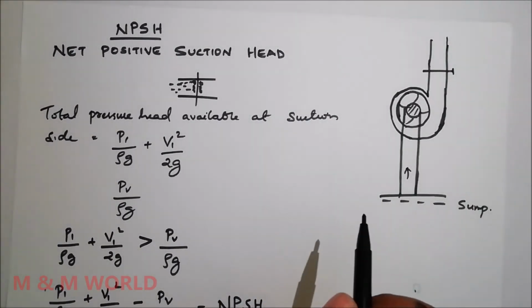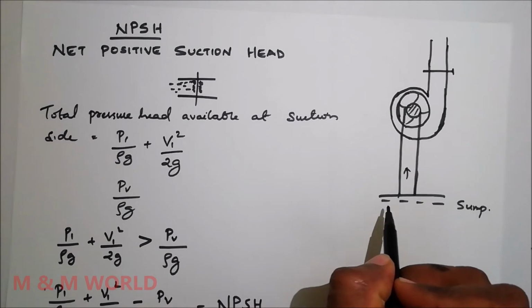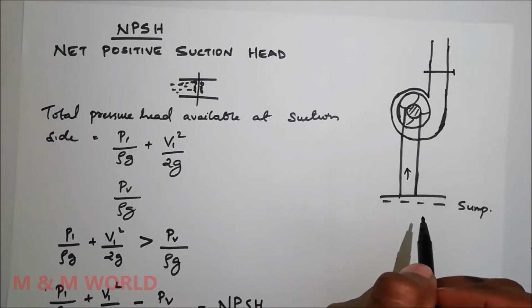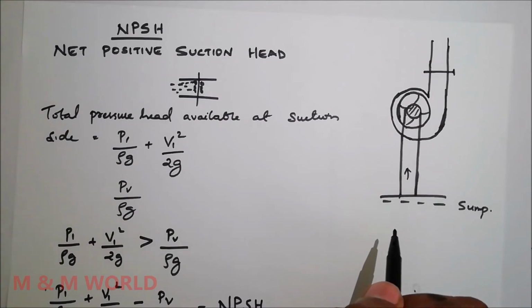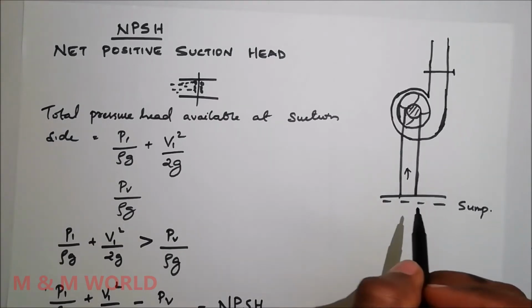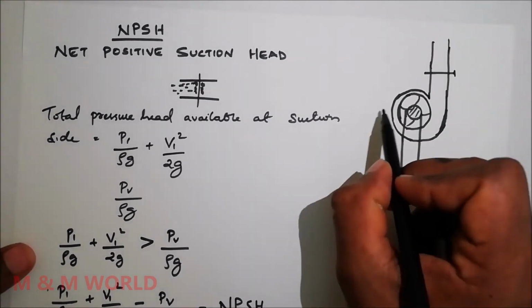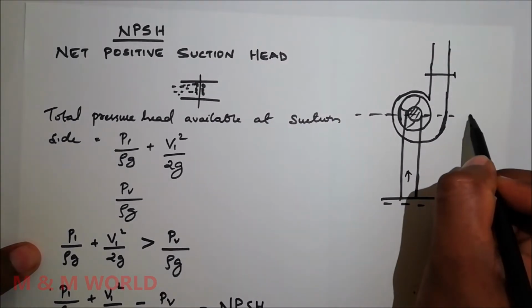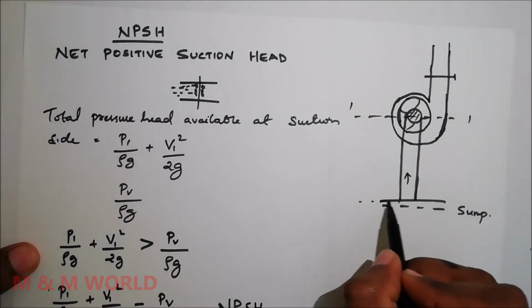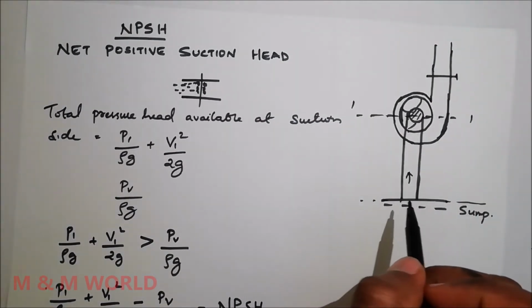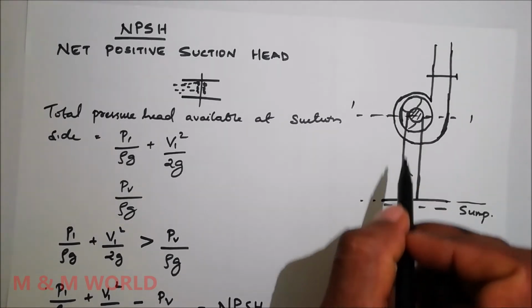Now applying Bernoulli's equation at the free surface of the liquid in the sump and section 1-1 in the suction pipe, just at the inlet of the pump, and taking the free surface of the liquid as the datum line. So this is section 1-1 and this is the free surface of the liquid, and we apply Bernoulli's equation between these two sections.